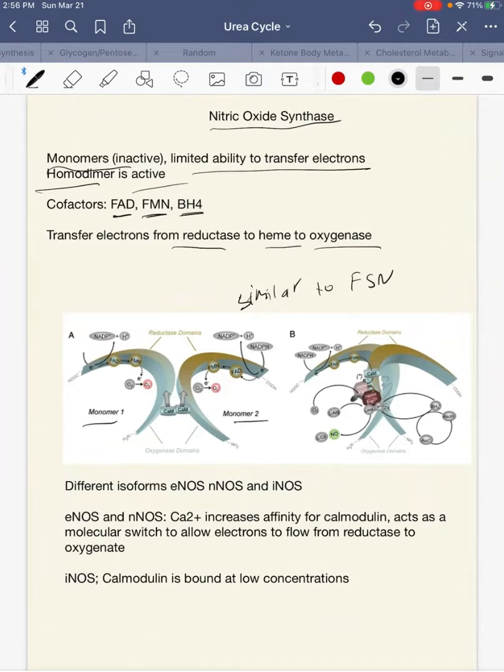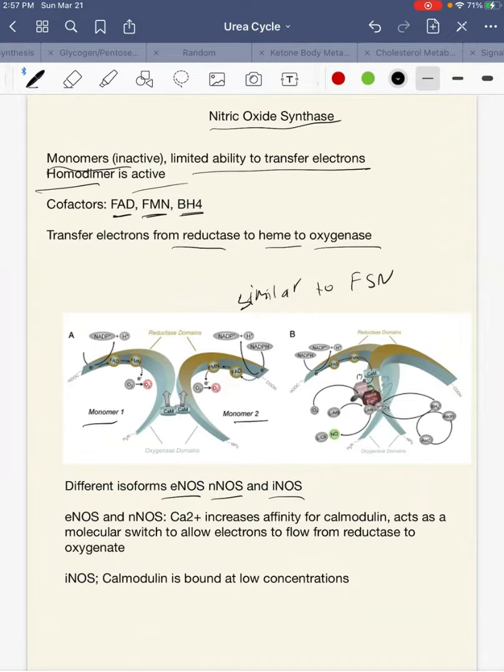So we have eNOS. The NOS stands for nitric oxide synthase. So we have eNOS, nNOS, and iNOS. All of them make nitric oxide, but they are expressed in different tissues or cells, and differ in what the nitric oxide acts on.